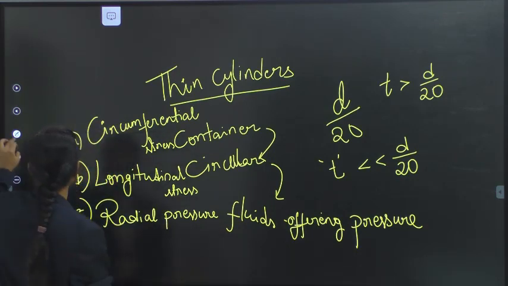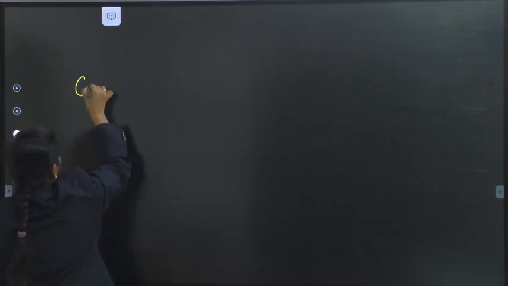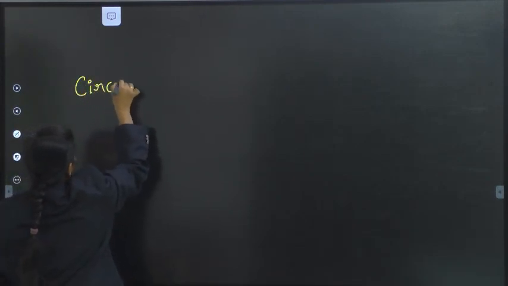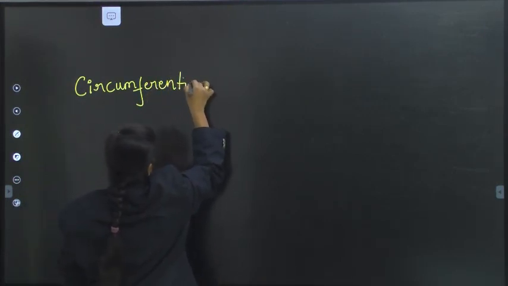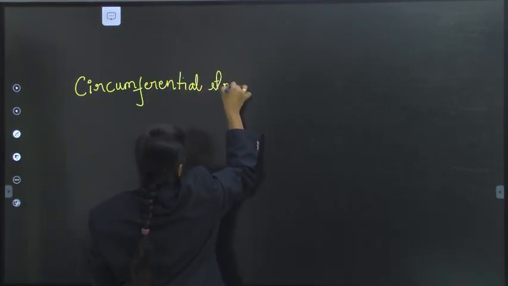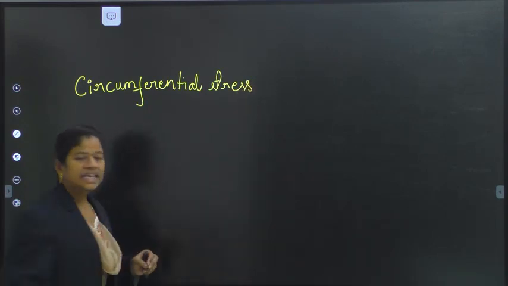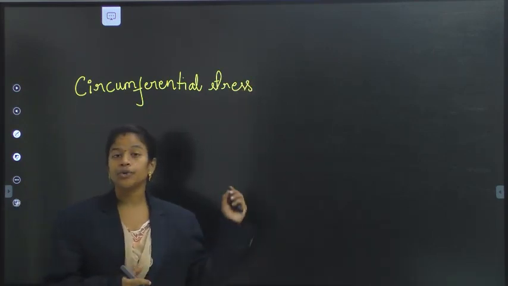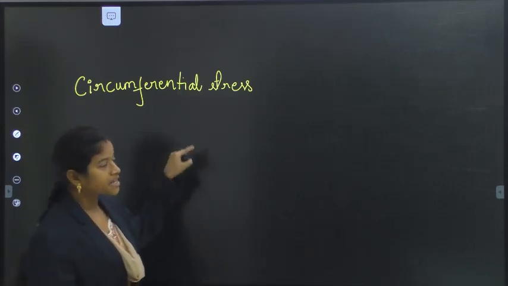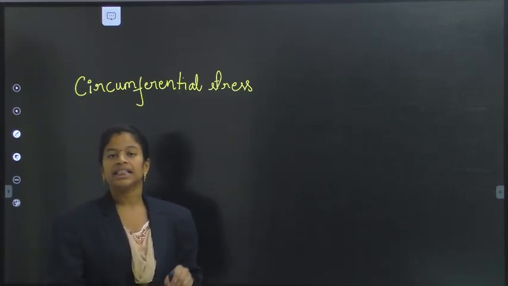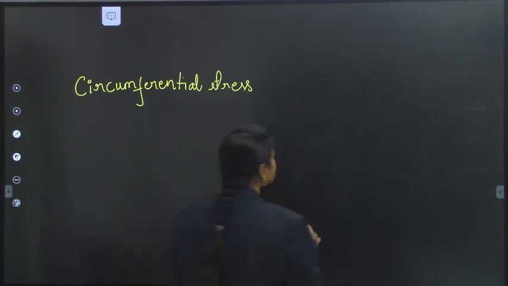Firstly I am going into a basic thing, which is circumferential stress. What do you mean by circumferential stress? When the stress comes along the circumference, that is called circumferential stress.